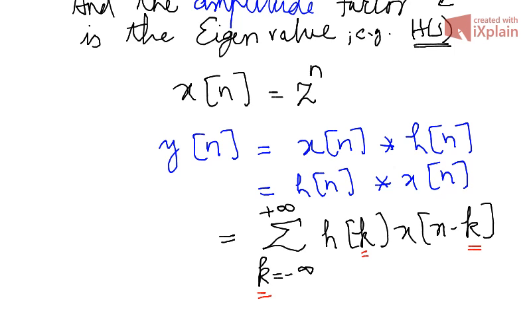Right? So the running index is k here. Your output is the convolution sum.